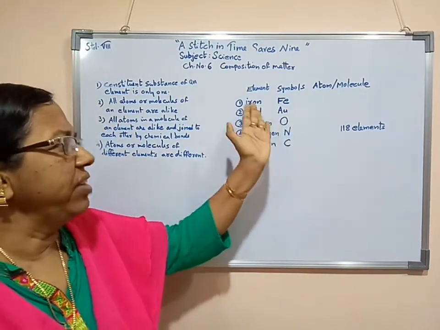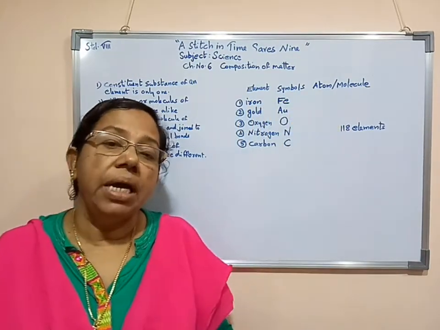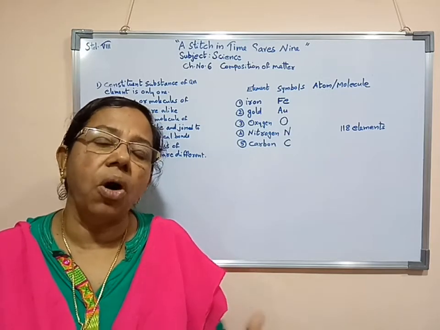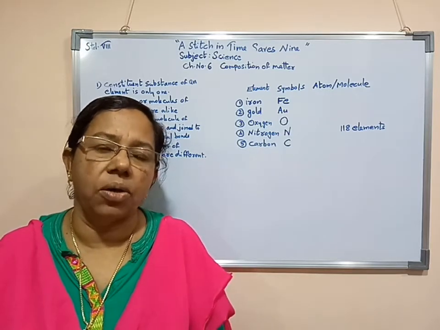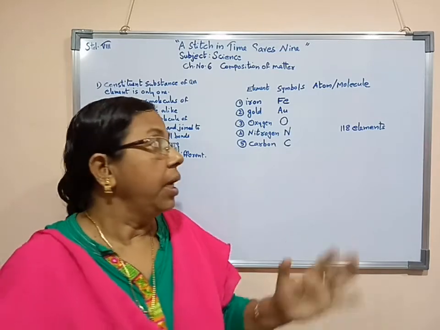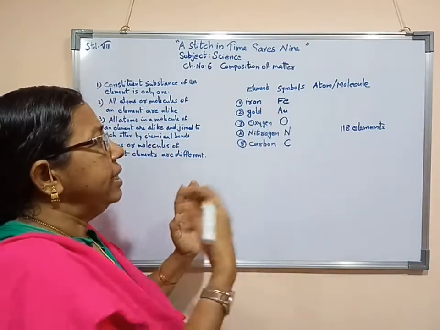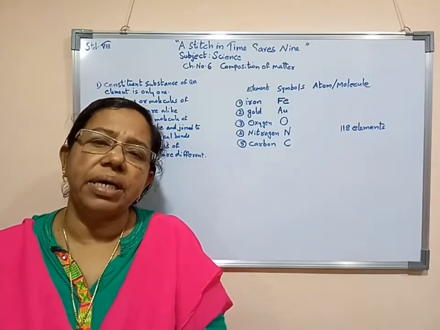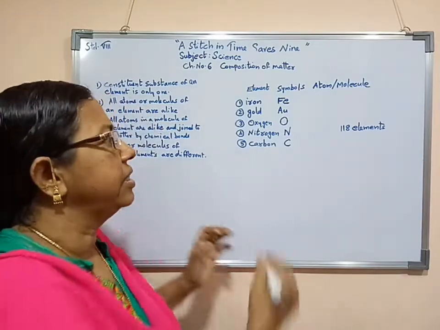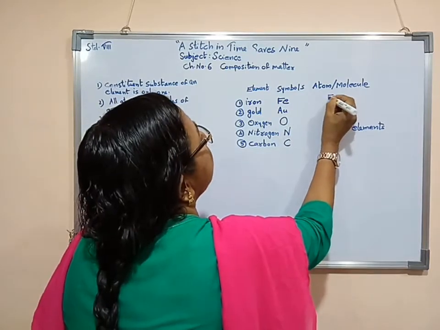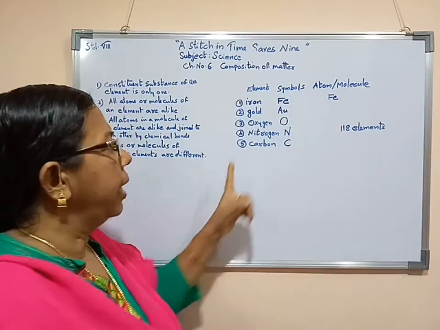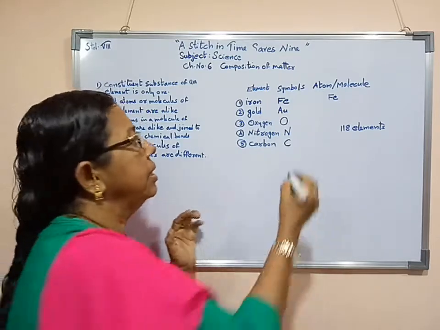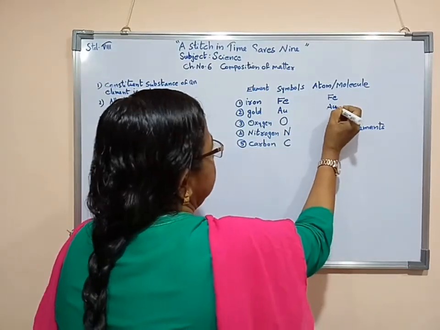So we can say it is available in the atomic condition or in the molecular condition. Iron is available in the atomic condition as well as molecular condition, Fe only. Gold, in the atomic condition as well as molecular condition, Au only.